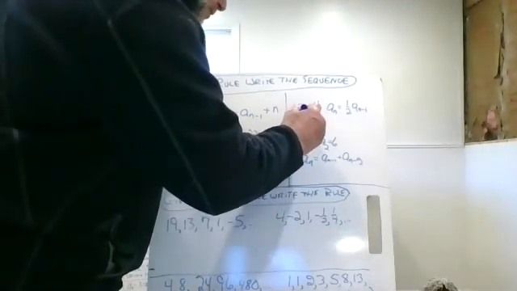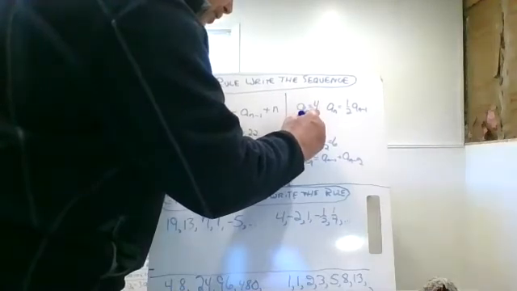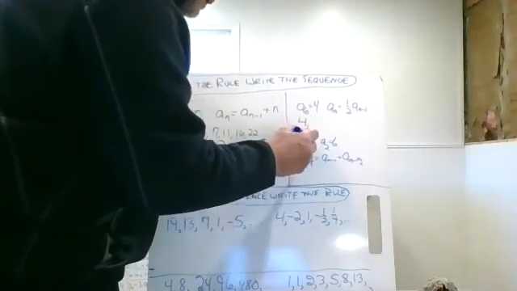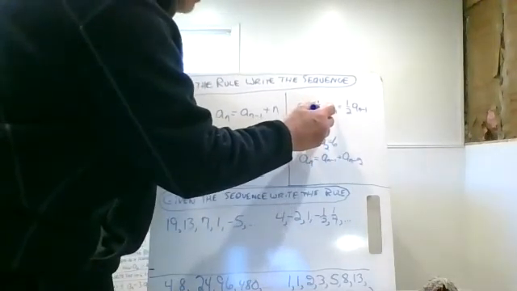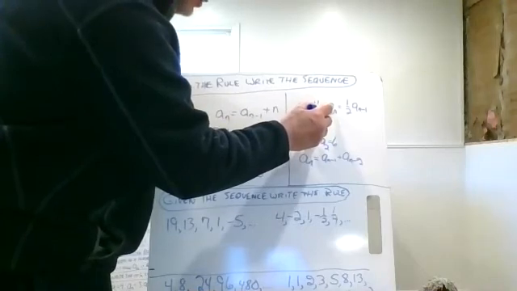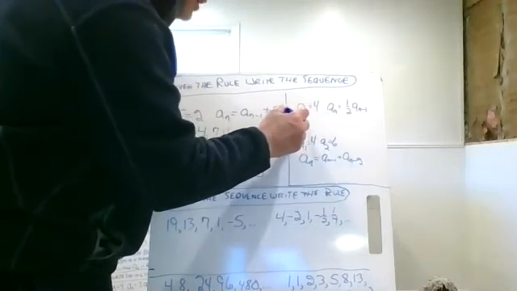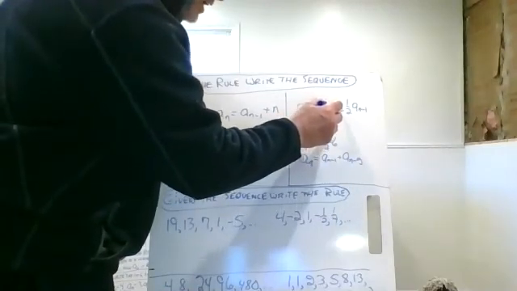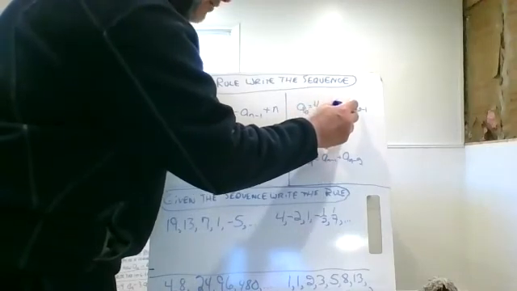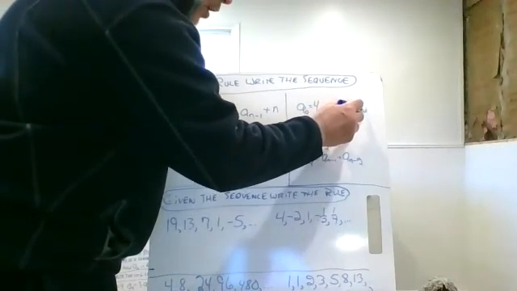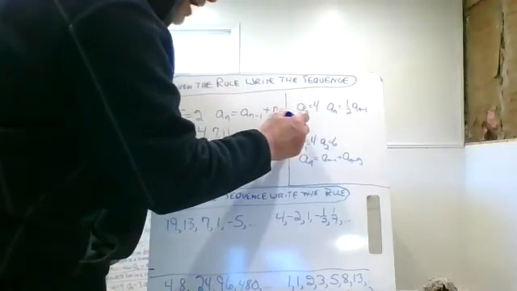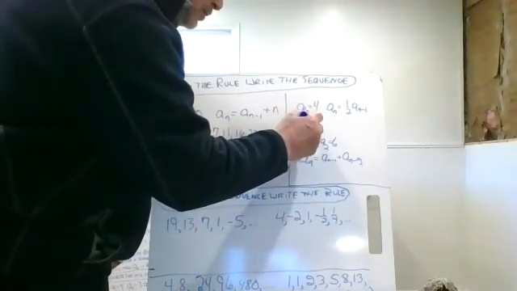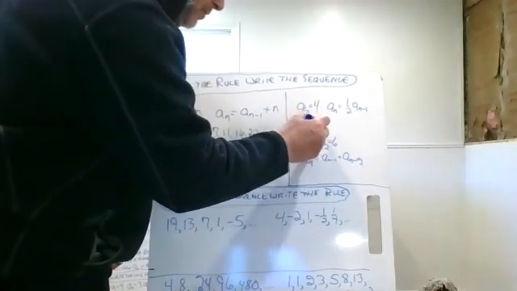But your a sub 0 is your first term, 4. And now for n, you want n equals 1. If this is a sub 0, you need to find a sub 1. So a sub 1 is 1/2 of a sub 0. So 1/2 of a sub 0 is 2.